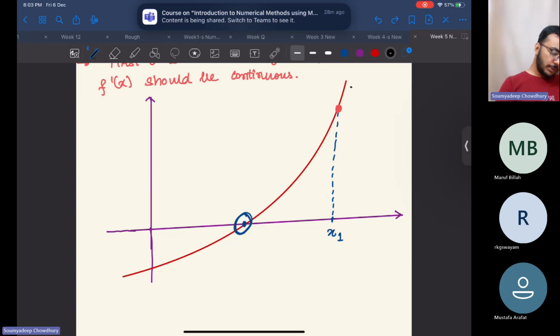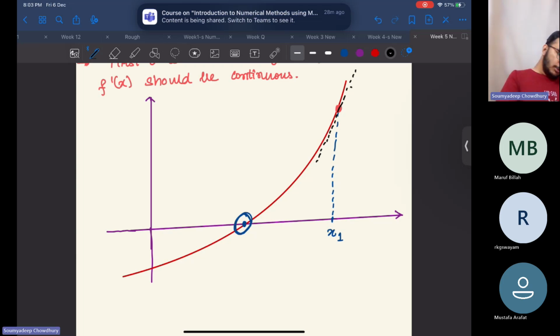It may not be exactly correct, but it will be something like this. So this is the tangent to this curve at this particular point.